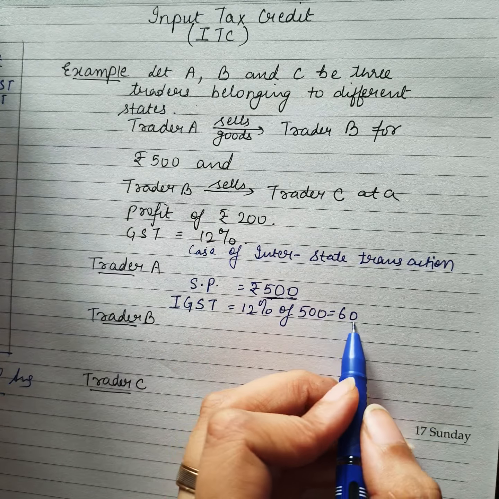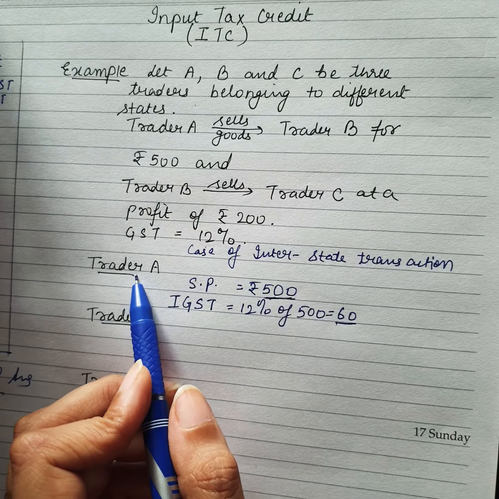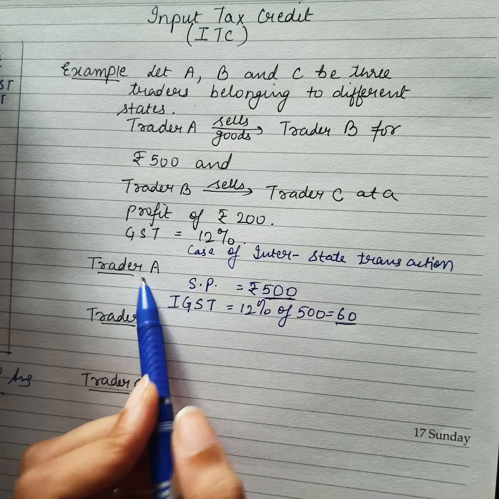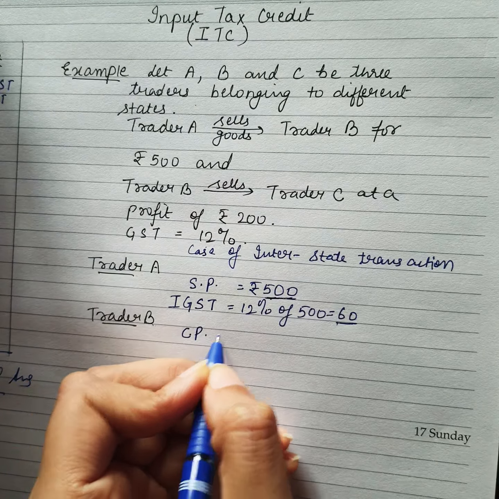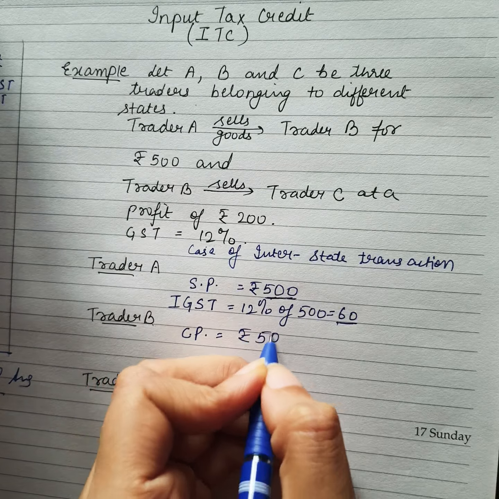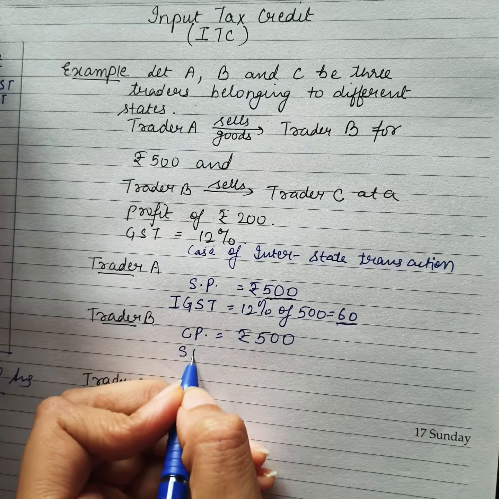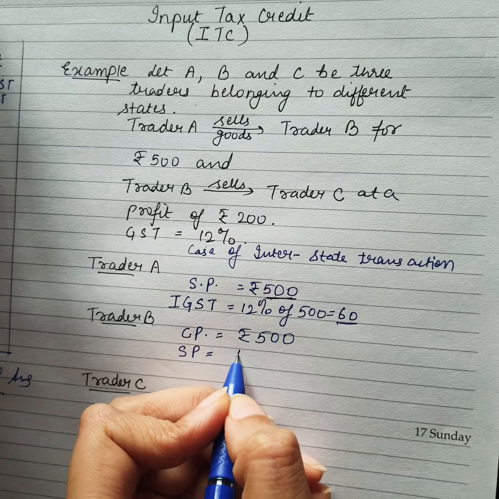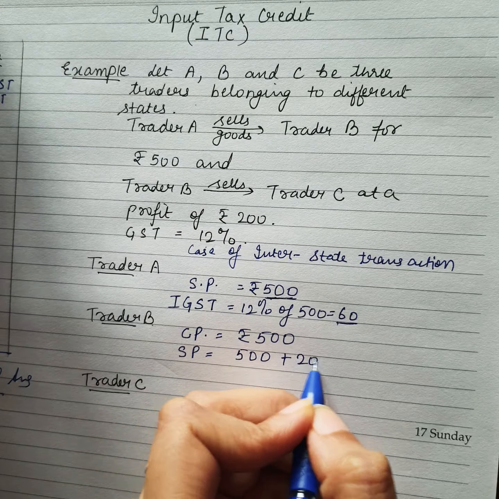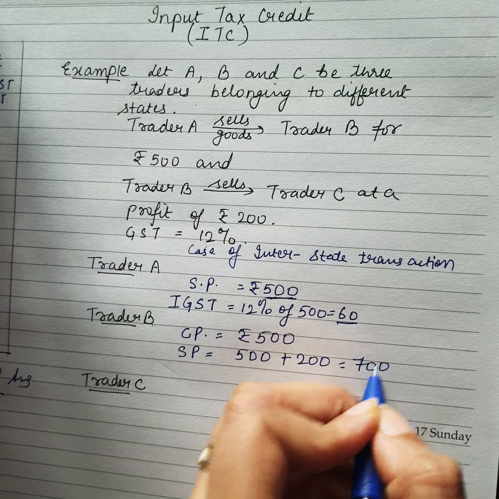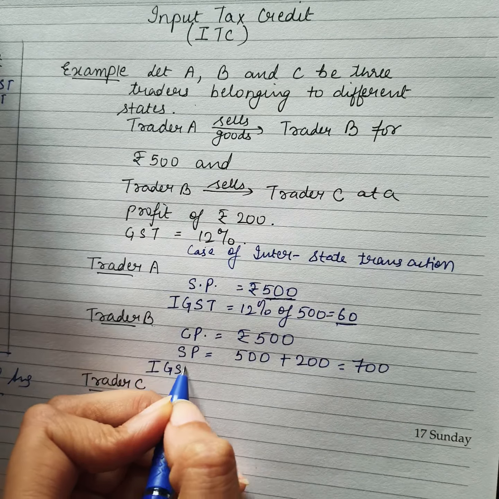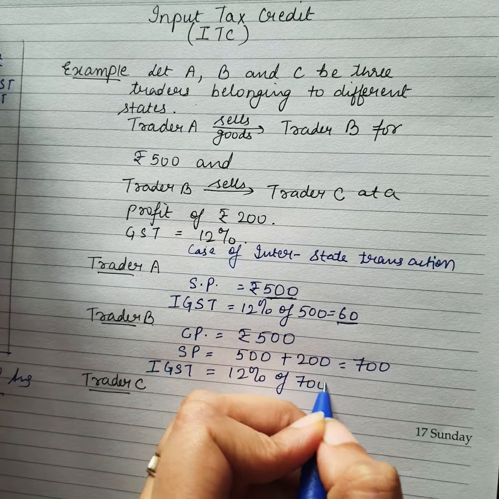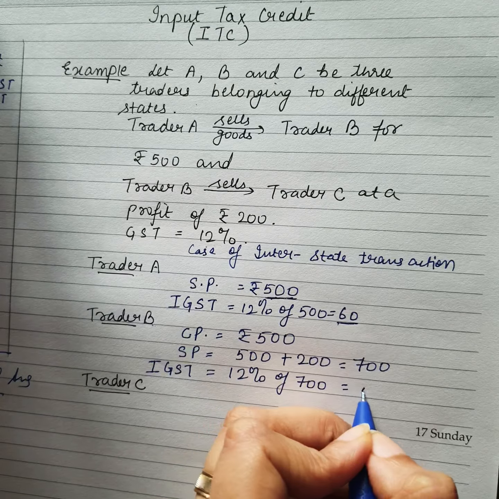So 60 rupees is the GST charged by trader A. So trader B must have paid rupees 560 to trader A. Now the cost price of trader B without the tax is 500 and the selling price, since he has made a profit of rupees 200, at which he is selling to trader C will be 700, and in this case he will charge from trader C 12% of the selling price. So 12% is rupees 84.